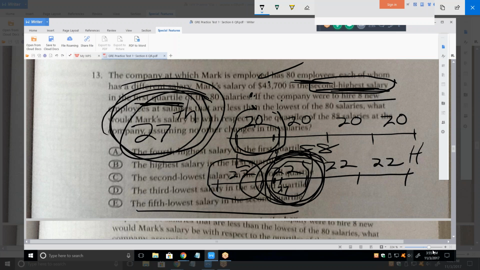He's the 5th lowest because 22 plus 5 gives you 27? Exactly. Got it. If he had the 44th lowest salary, he'd be the highest person in the second quartile. Okay. Got it.